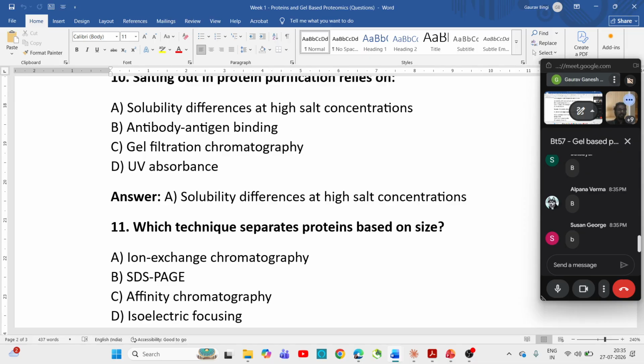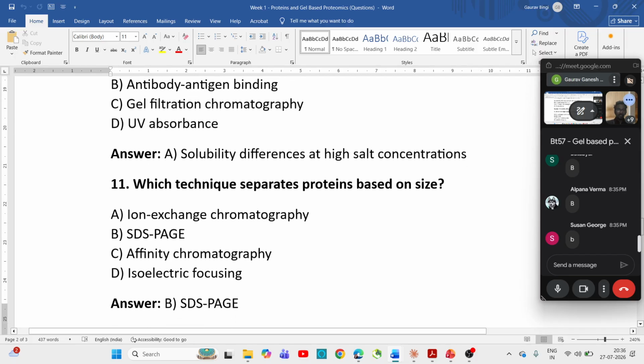I mentioned the separation on the basis of charge. Affinity is on the basis of affinity: if it has some affinity towards the ligand, it will accordingly separate out later. Whereas in isoelectric focusing, depending upon charge again, depending upon the pH, the separation will be different. SDS-PAGE is the one which separates on the basis of size.